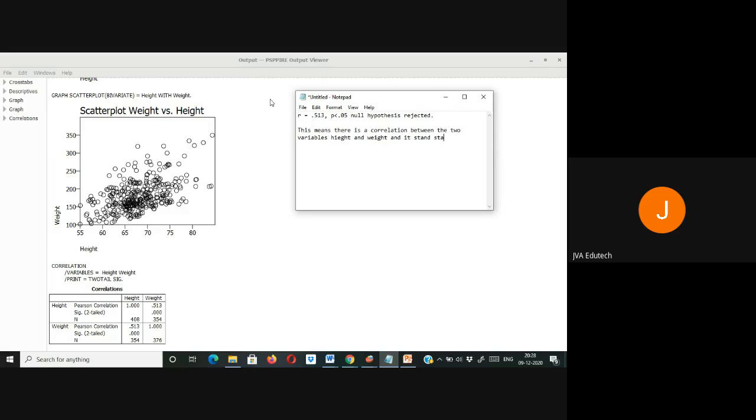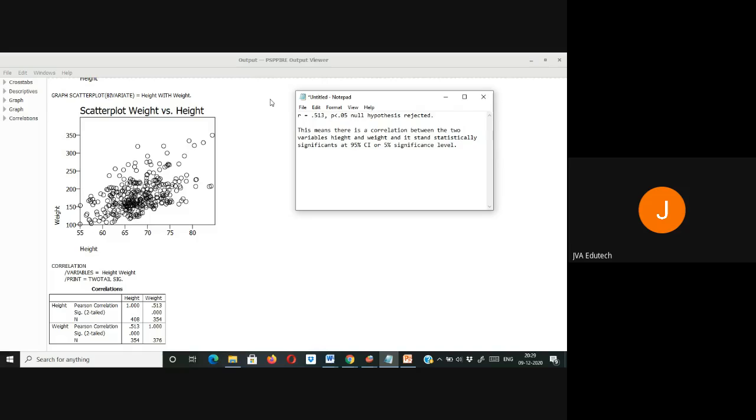And it stands statistically significant at the 5% level of significance. Sometimes the term significance level slips out of my mind.